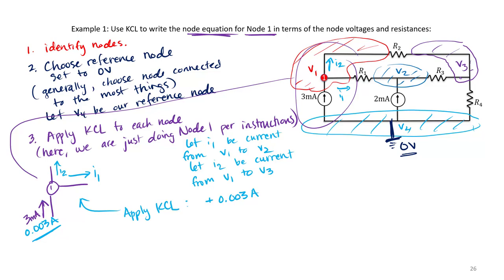Next, I have I1 exiting the node. So I1 is leaving the node, it gets a negative sign. And I2 is also leaving the node. So I2 gets a negative sign. This is my Kirchhoff's current law equation.